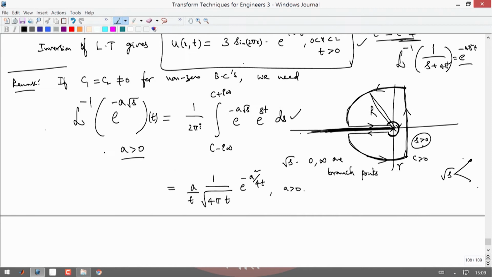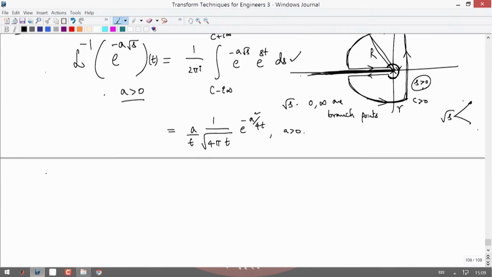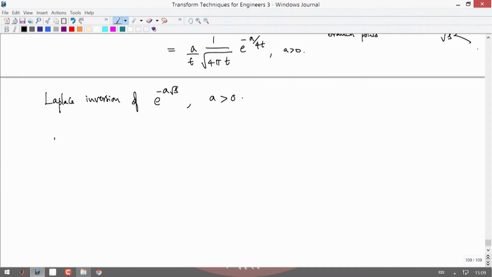So let us look at the Laplace inversion of e^(−a√s), where a is positive. This is what we will see today. This is the Laplace inversion of e^(−a√s), which is a function of t.